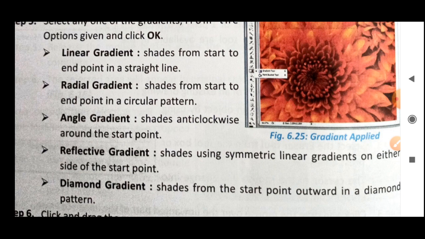Angle will work anticlockwise around the start point. The reflective gradient means linear gradient on either side of the start point, and the diamond gradient means shading outward from the start point in a diamond pattern. So these are a few gradients that you can select according to the requirement or according to the selected area where you want to mix more than one color.